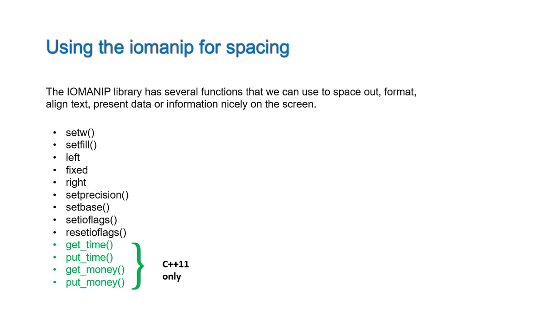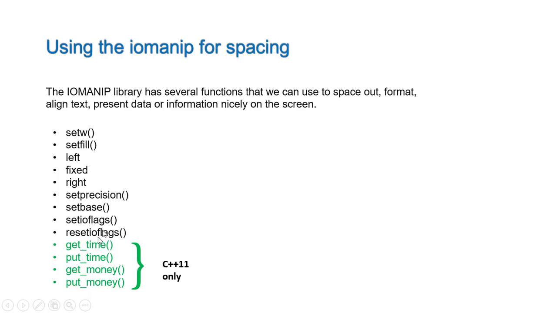Using the iomanip for spacing, the iomanip library has several functions that we can use to space out, format, and align text, and present data or information nicely on the screen. There are so many functions in the iomanip library. Some of them are listed here. The compiler will implement them for you if you are using any version of C++.